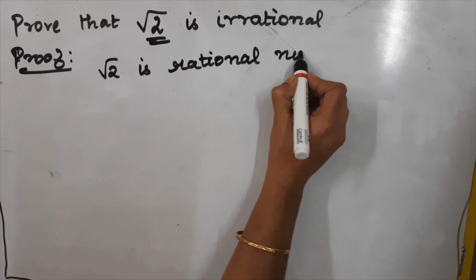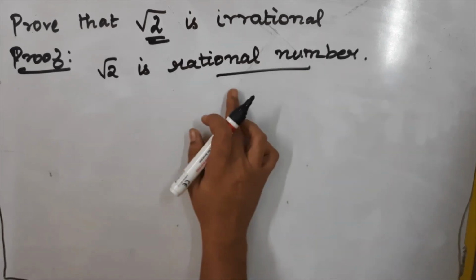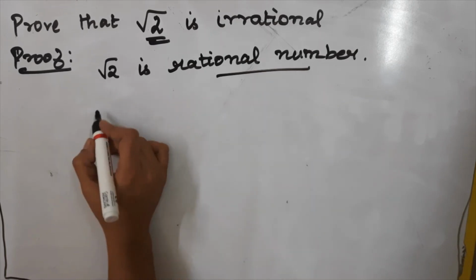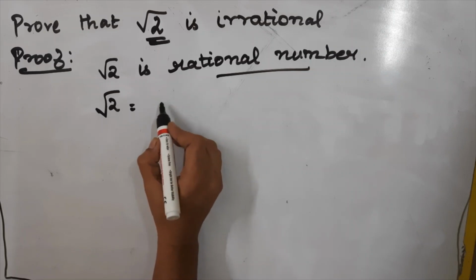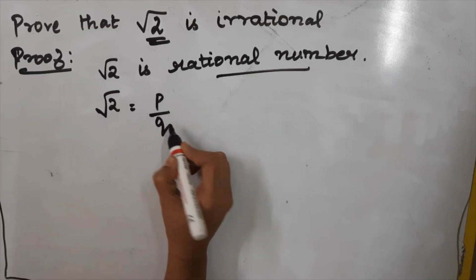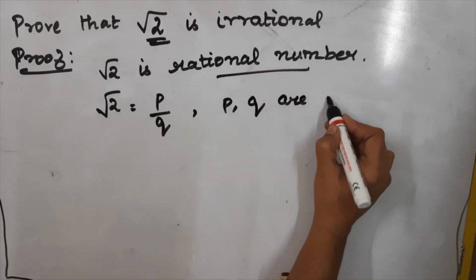We saw the rational number introduction. If root 2 is a rational number, then it can be expressed in the form of p by q, where p and q are integers.